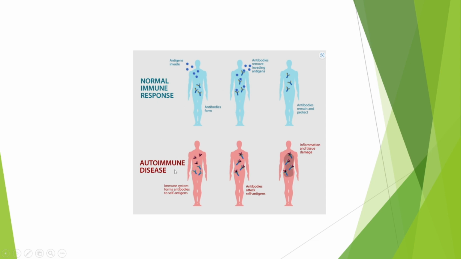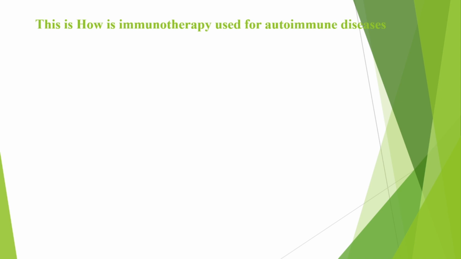For autoimmune disease, the immune system forms antibody to self-antigen. Antibody attacks self-antigen, then inflammation and tissue damage occur.